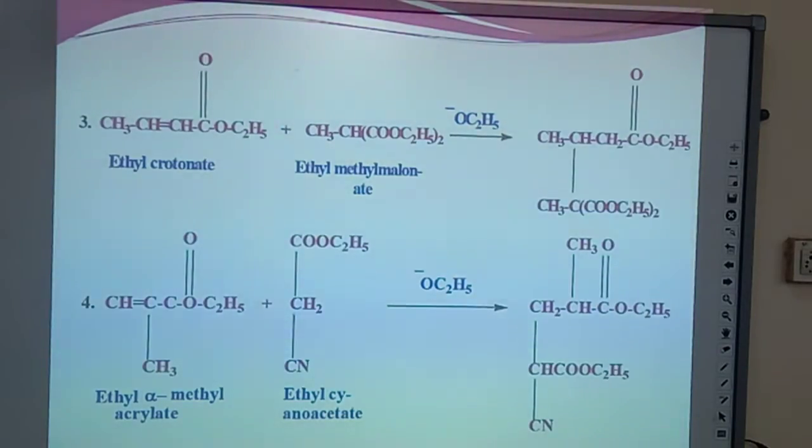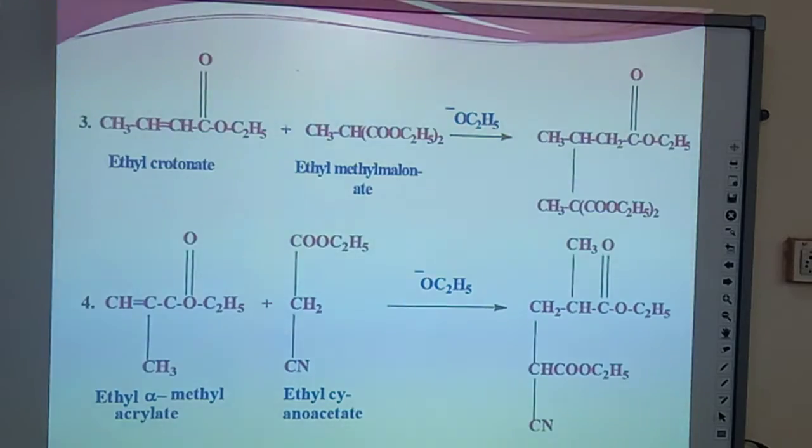In the third one, ethyl crotonate reacts with ethyl methyl malonate in presence of base and again gives the 1,2 addition product. And in the last one, ethyl alpha methyl acrylate reacting with ethyl cyanoacetate in presence of base also gives the 1,2 addition product.